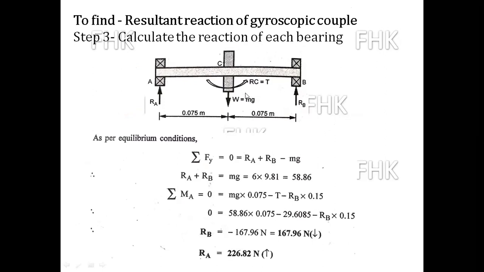Mass is given here as 6 kg, and the span between the two bearings is 150 mm. So this will become 75 mm and this will become 75 mm, that is 0.075 meter and 0.075 meter, the distance of each bearing from the rotor.